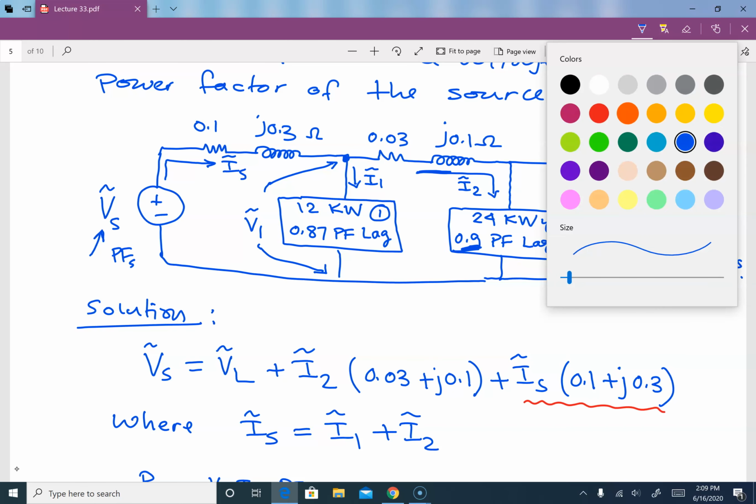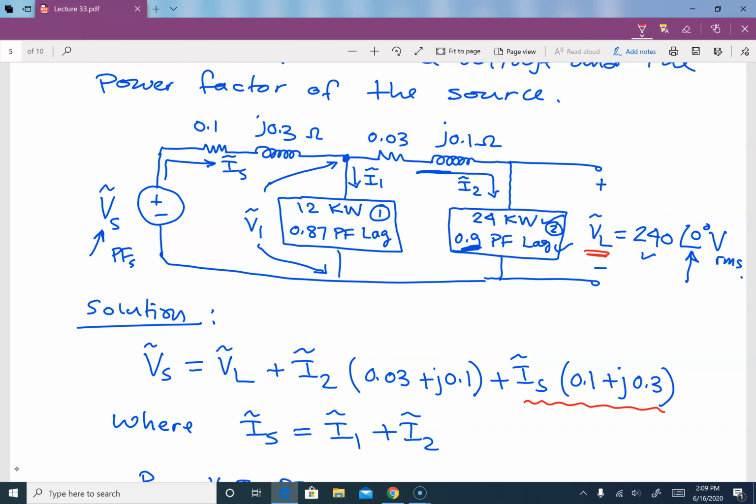We can take this loop to find it. Negative V1 plus (0.03 + j0.1) times I2 plus VL, which is 240 with angle 0, is equal to 0.